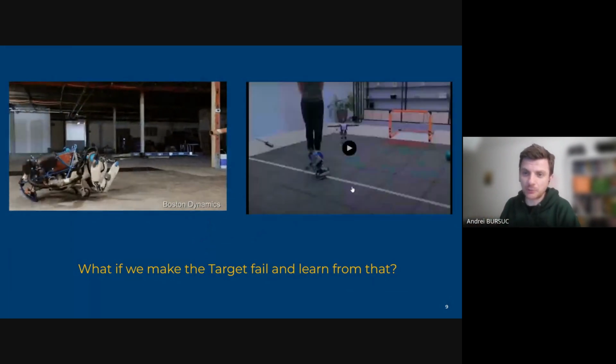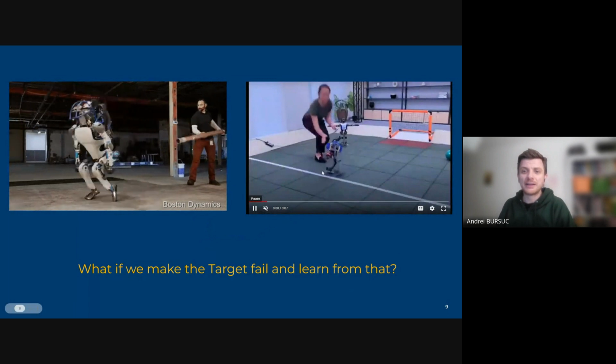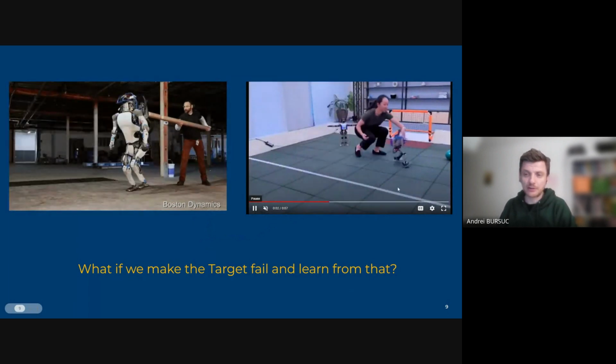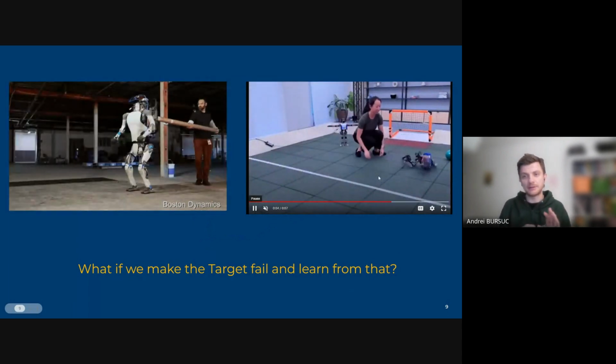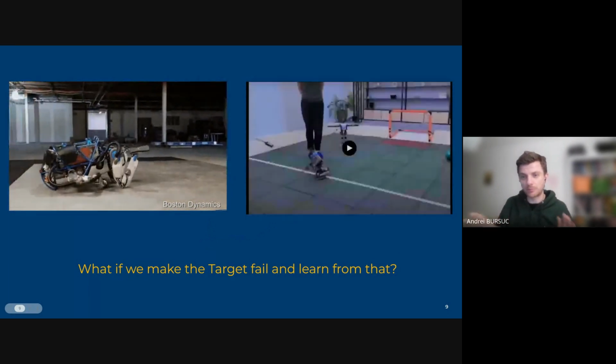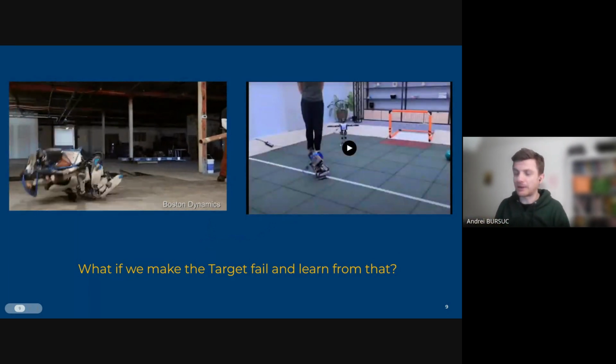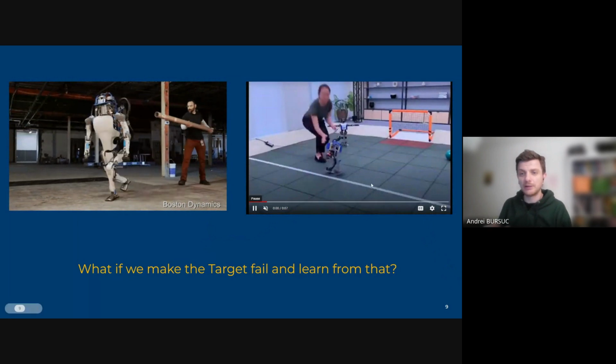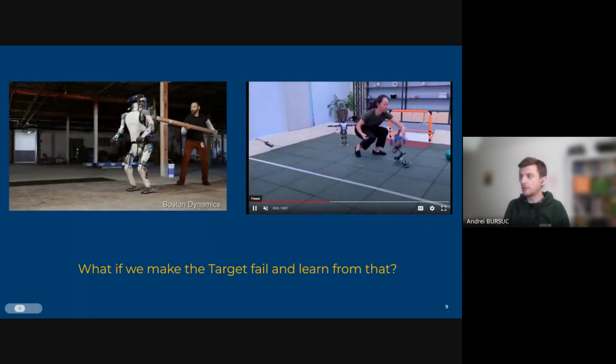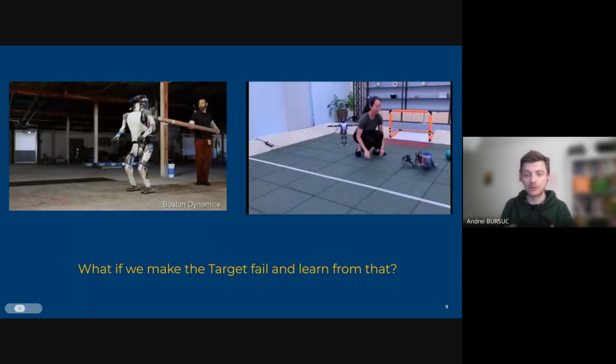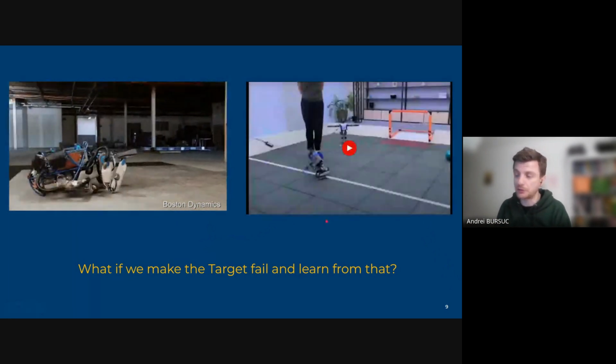Another example, which is a bit lighter, is with these robots playing football, and the researcher here tries to pull them and push them back and forth to put them to fail, and they eventually can recover, because they might have seen this type of condition during training.